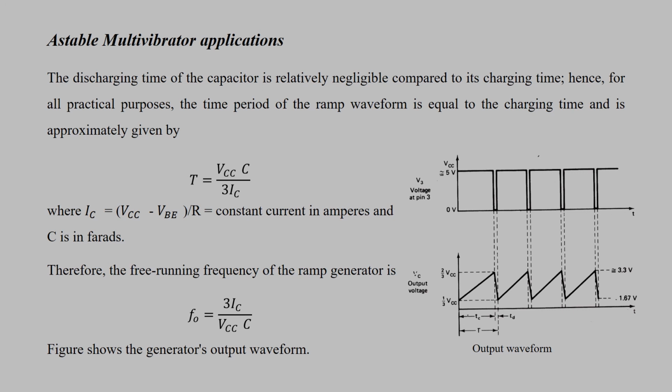Therefore, the free running ramp generator frequency is f0 = 3 IC / (VCC C). These are the output and input waveforms of this free running ramp generator.